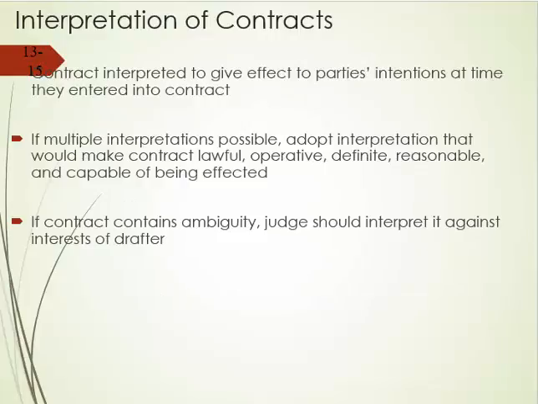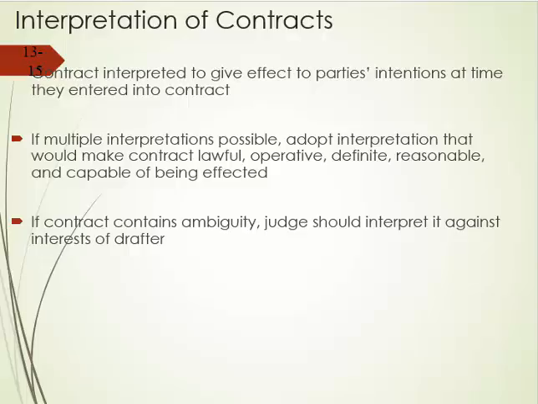So the final two slides, I'm not going to lecture a long time on. I want you to take a look at it. This is to give you some guidance on how courts interpret contracts. So there are, just like the objective theory of contracts, there are ways that the U.S. court system and the contract law in the United States approaches how contracts will be interpreted.